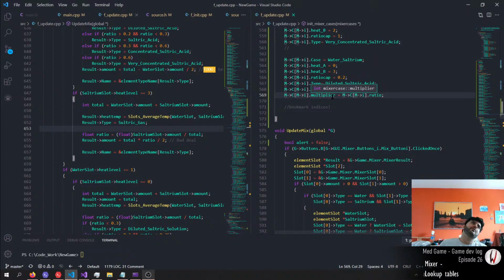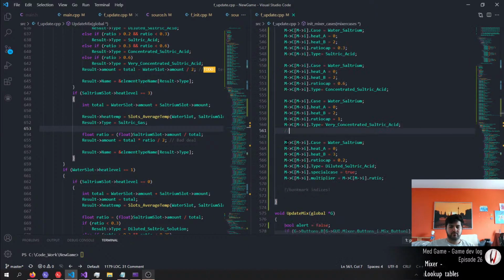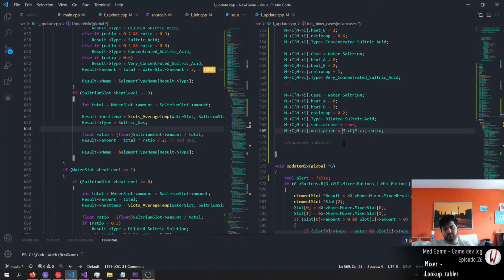I don't know about this one. So if you fill it up, for now, it needs to point to the memory address of the mixer. So maybe in this case, ratio should be this.